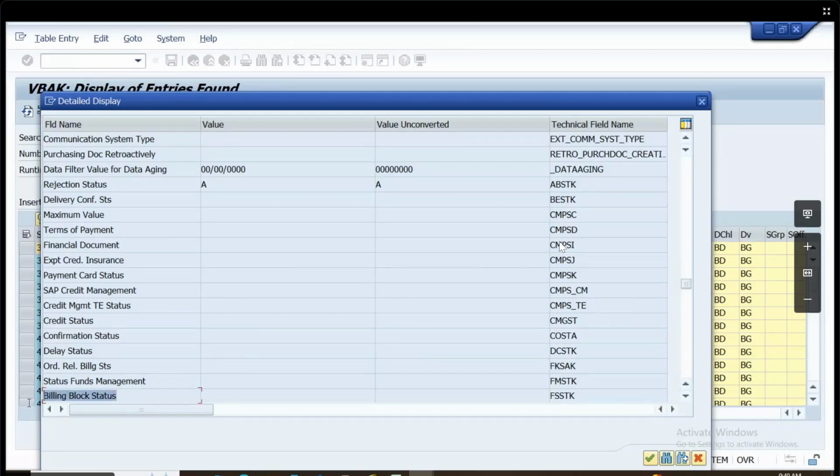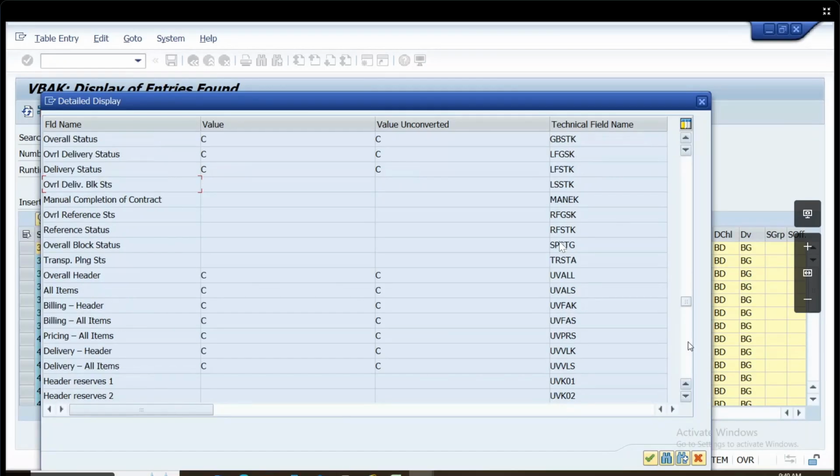See here: billing document status, confirmation status, credit status, rejection status. So all this information you have in VBAK. Now you will have this in VBAK table only. So all the status, overall delivery status, reference status, all the status information you will have in VBAK.